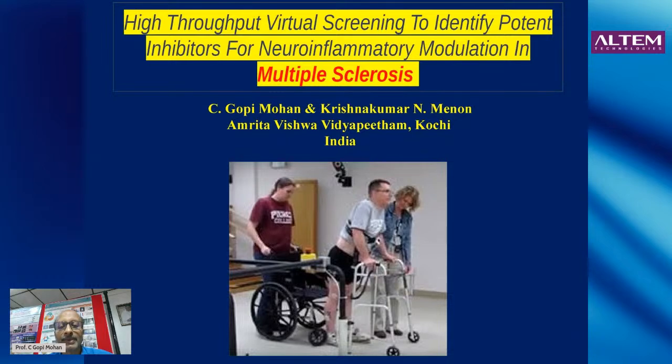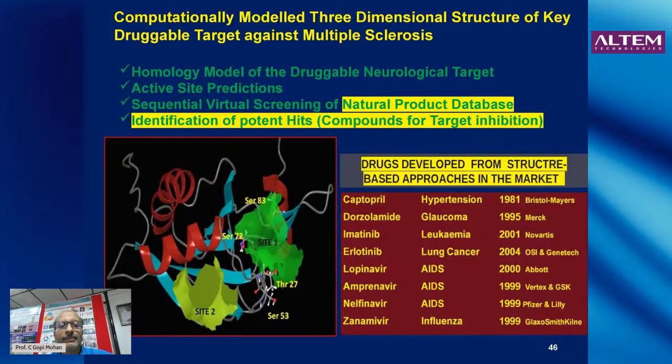Here we worked with natural product database-derived compounds. We built a homology model of an important neurological target, glia maturation factor (GMF), predicted the active sites, site 1, site 2, and did sequential virtual screening of a natural product database and identified a few hits.